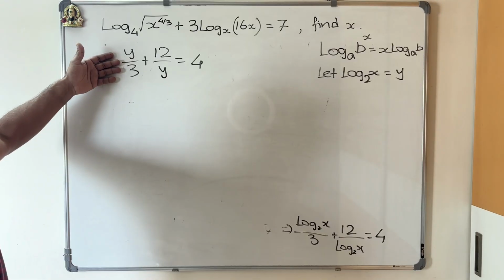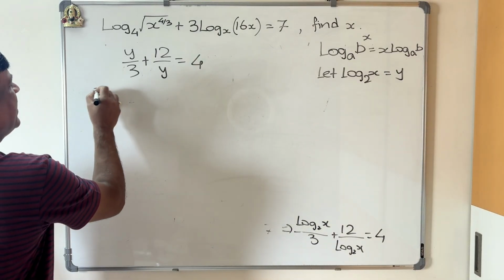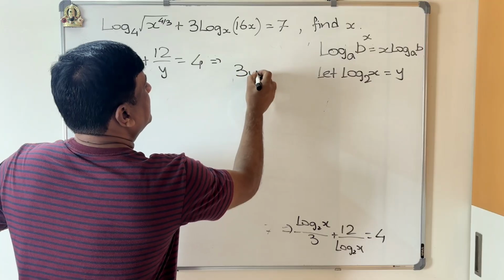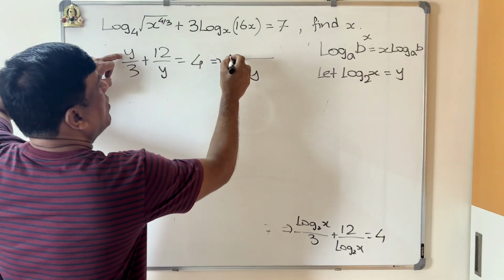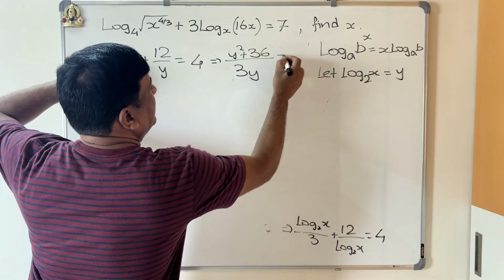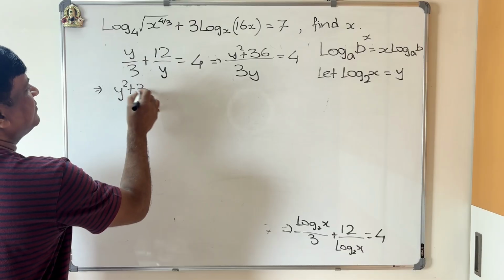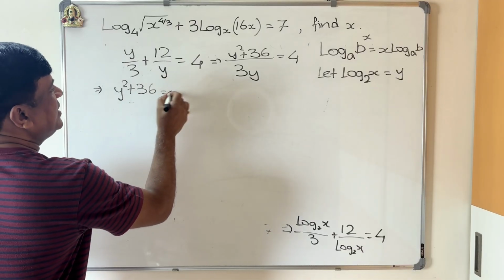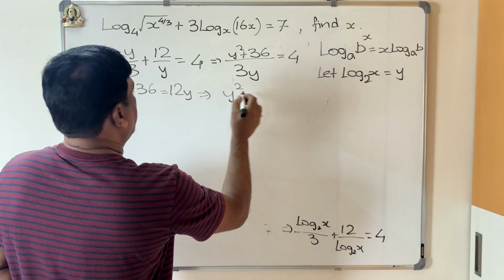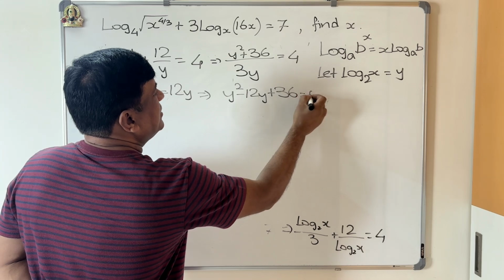Now you should be able to go ahead and solve this particular equation. How do we do it? You take an LCM over here, you get 3y. You get y square plus 36 is equal to 4. So you get y square plus 36 is equal to 12y. That means you get y square minus 12y plus 36 is equal to 0.